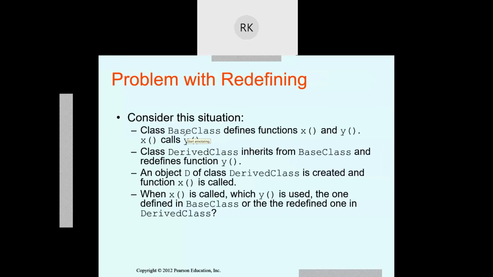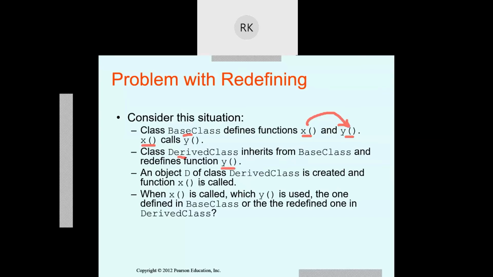Let's suppose we have a base class, and this base class is defining a function x and another function y. But x calls y. Now, a derived class inherits from this base class and redefines the function y.